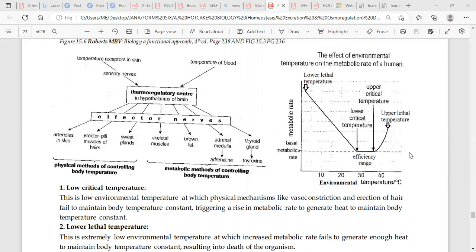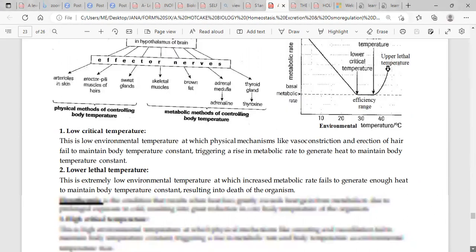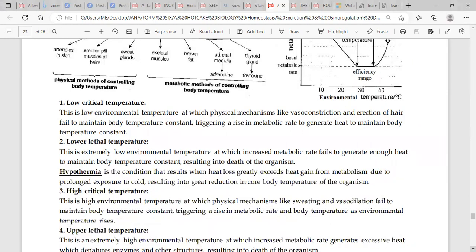Now, beyond the lower critical temperature, you are looking at the lower lethal temperature. And this lower lethal temperature, we say, is the extremely low environmental temperature at which the increased metabolic rate fails to generate enough heat to maintain body temperature constant, which will result in death of the organism.